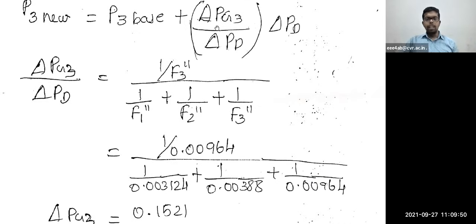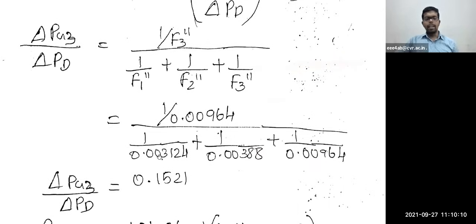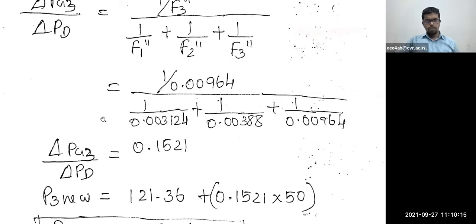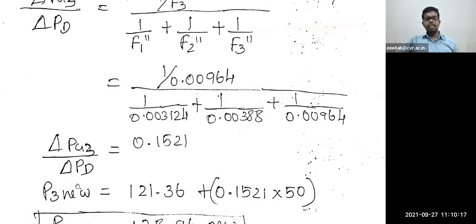Similarly, we need to calculate this as we have solved before, no? Same like that, 1 divided by F3 double dash, the whole divided by 1 divided by F1 double dash plus 1 divided by F2 double dash plus 1 divided by F3 double dash. This is common. So with substituting and further simplification, you'll get the answer as 0.1521.